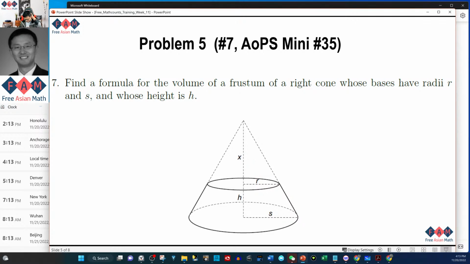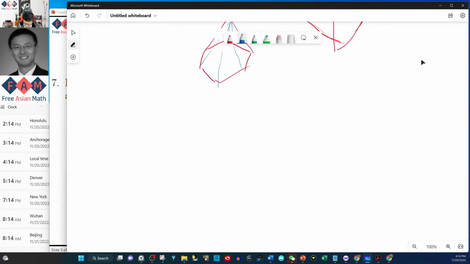Now, we cut off the top of a cone. What does that mean? It really means one thing. The thing that you cut off, that is missing here, which is a smaller cone, is similar to the original cone. This is just very similar to the two-dimensional plane.